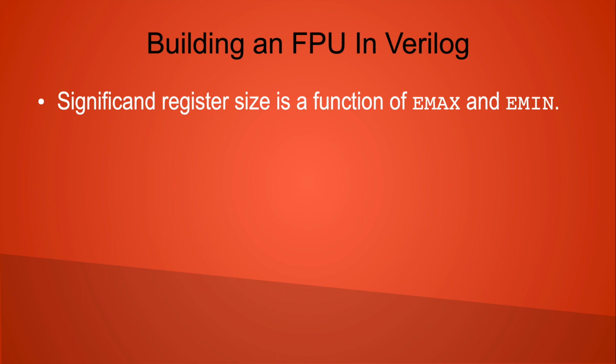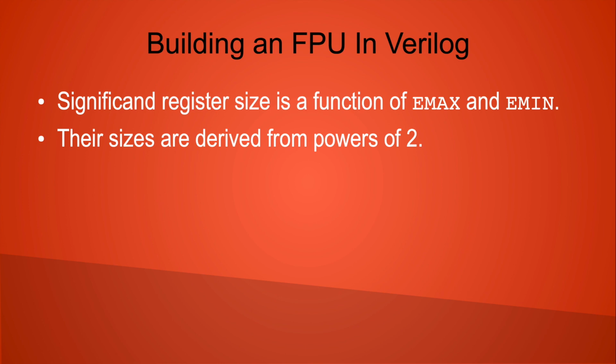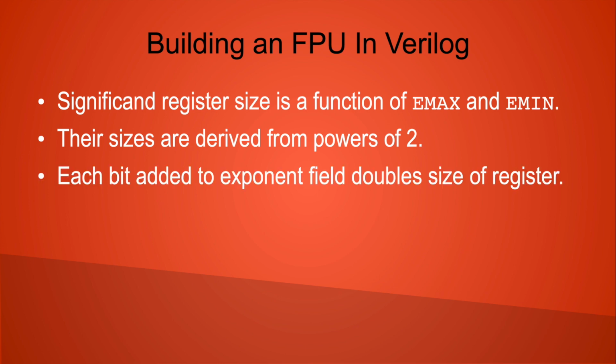Mainly the size of the significand registers is a function of Emax and Emin. The values of Emax and Emin are computed from powers of 2. This means that every additional bit in the exponent field effectively doubles the size of Emax and Emin, and consequently doubles the size of the significand registers.